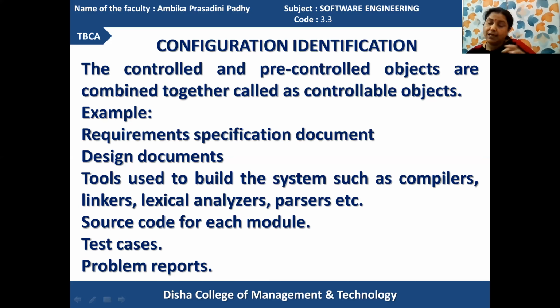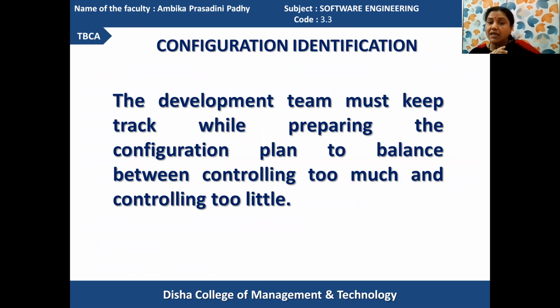Then problem report preparation is also a controllable object. At the time of preparing different reports, we can follow the controlling measures, and accordingly the reports will be perfectly prepared and implemented. Got it? And when the configuration engine plan is prepared, then it needs identification of the controllable objects.